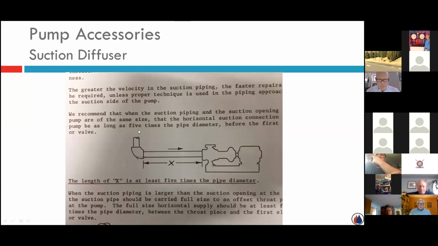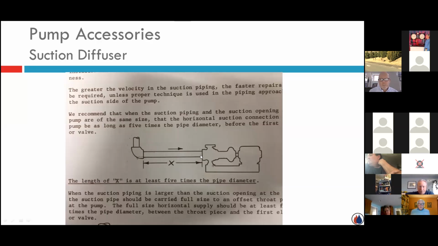And the reason is this: if you took that elbow and brought it right up close to the entrance to that impeller, when that water is traveling through the impeller, it's at different velocities on one side versus the other. It would unevenly load the impeller, and behind the impeller is your bearing assembly and your seals, and you could damage it very quickly.